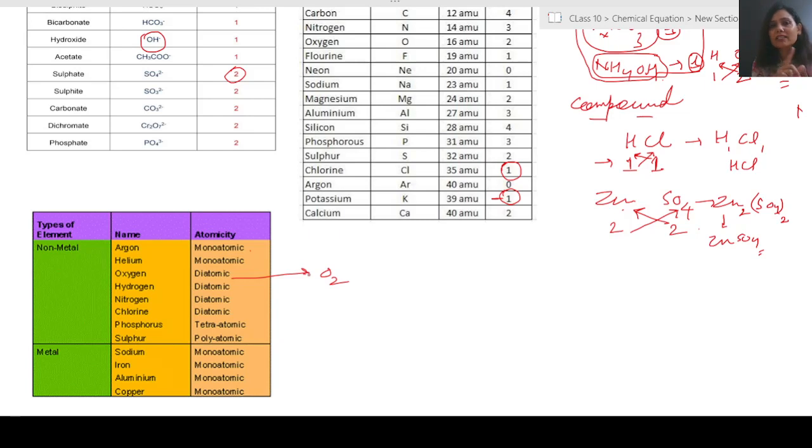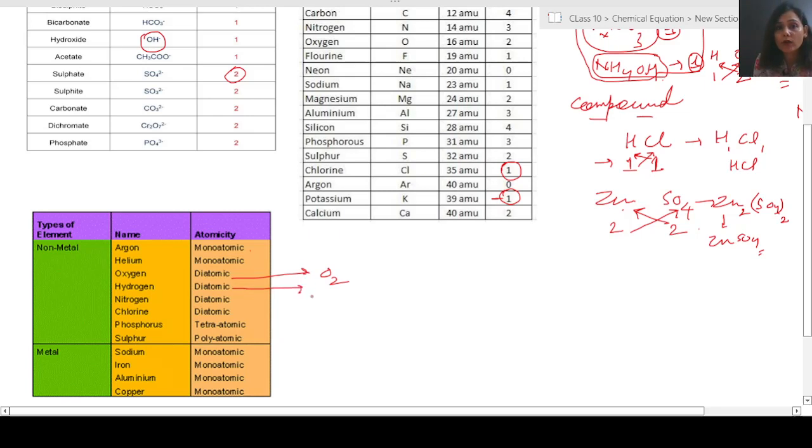If you write C plus O, you won't be able to form the compound and you won't be able to balance it. So that is why atomicity is important. Hydrogen means you will always write H2 because hydrogen also occurs as diatomic. Nitrogen means N2. Chlorine means Cl2. These are some common ones which I am telling you.